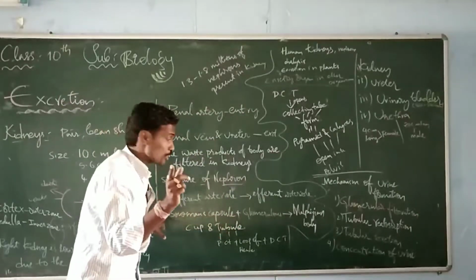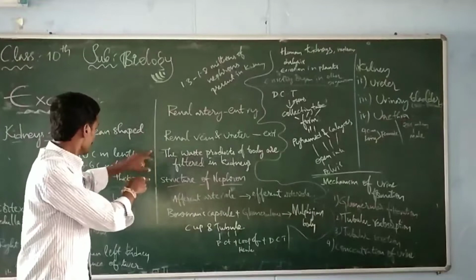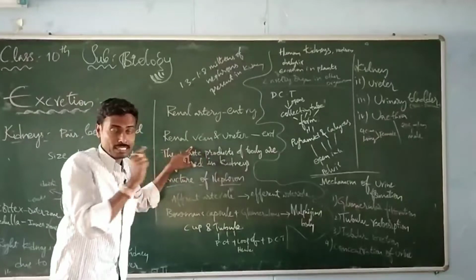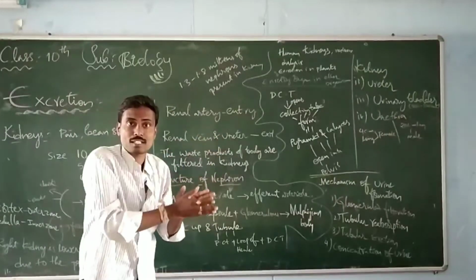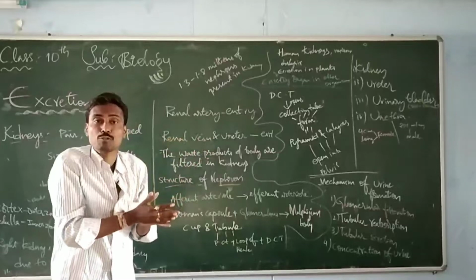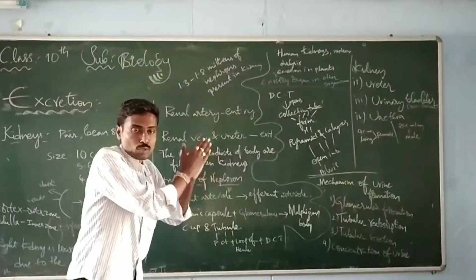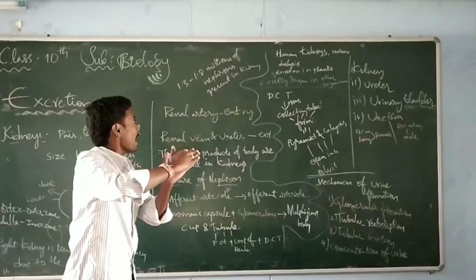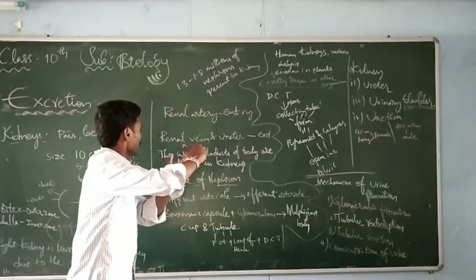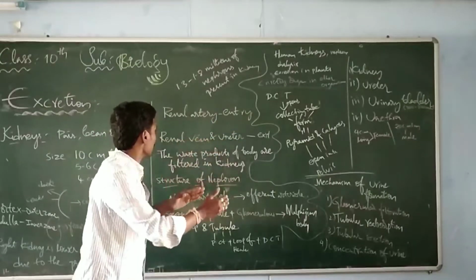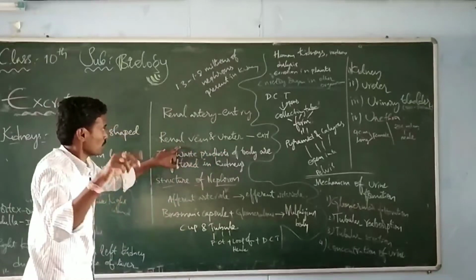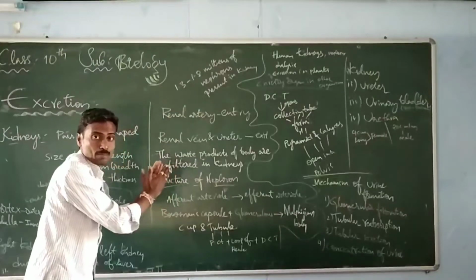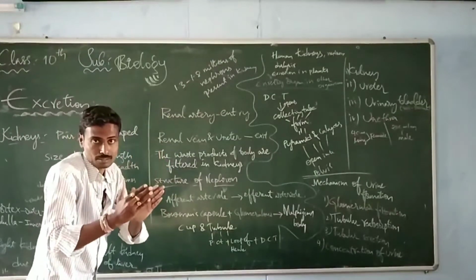And one more thing I would like to remind you: here we discussed the entry of the renal artery into the kidney and the exit of the renal vein. At the tubular region we observe a blood capillary network.